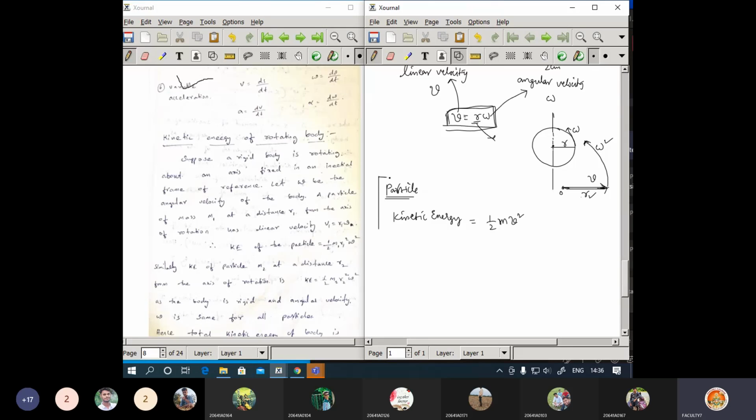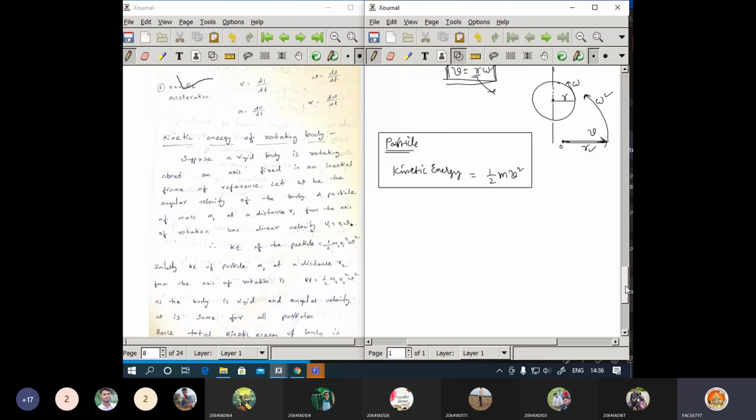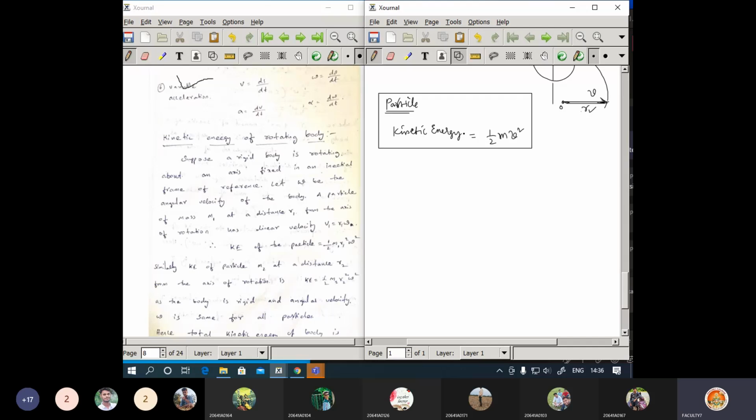So now we are going to modify this particular expression. How are you going to modify this? I will take the same explanation here. Consider a rigid body with some number of particles inside it. Let us take one particle and measure the distance, r.